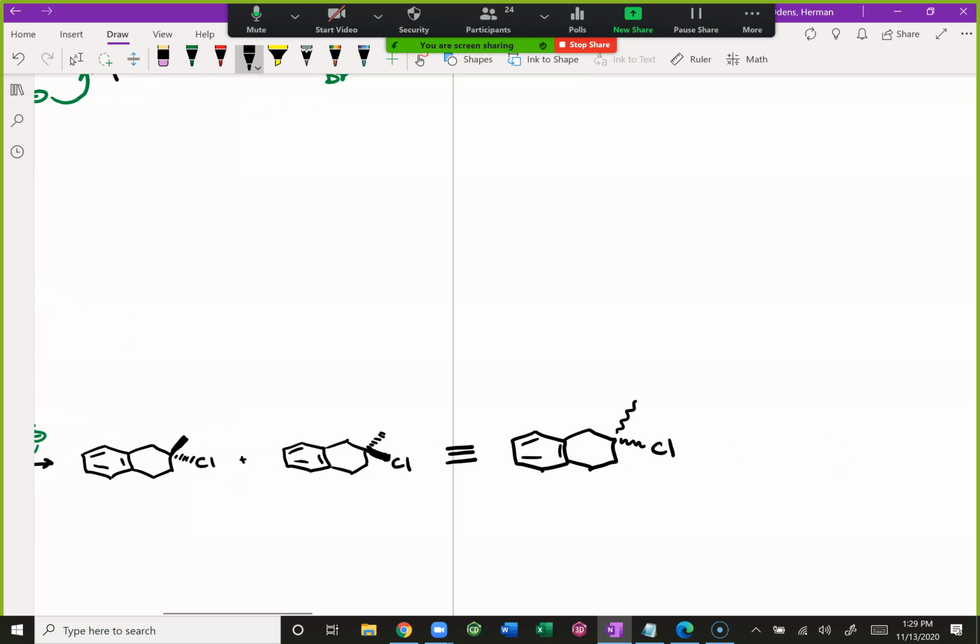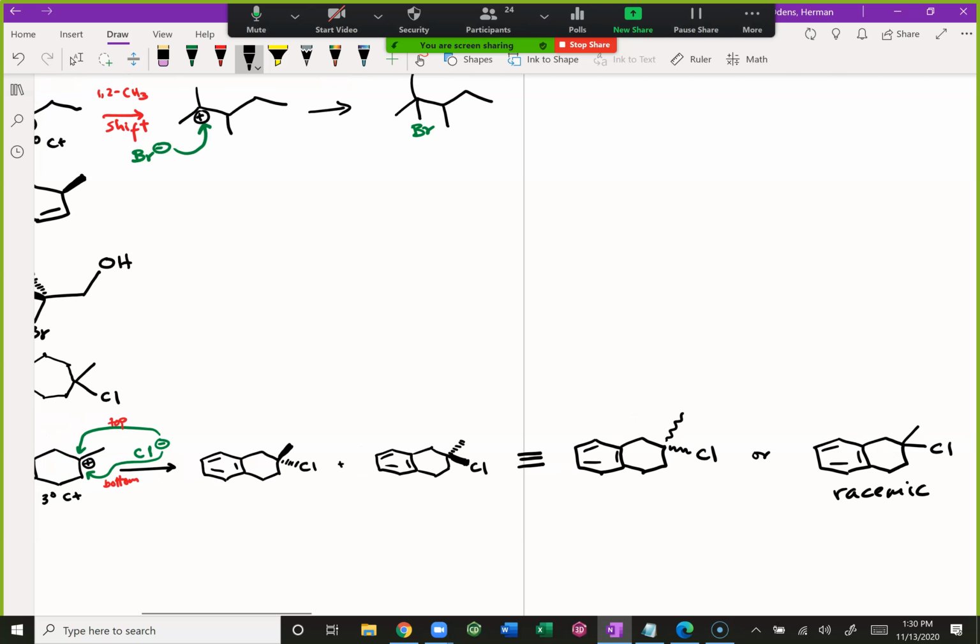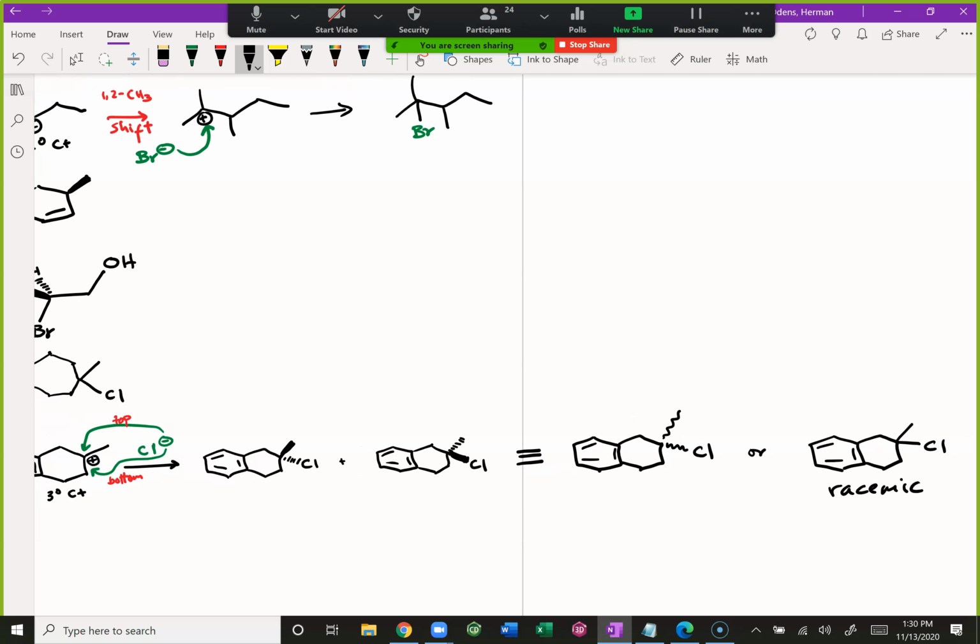You know they both change, or you can do this. If you do this also, it's perfect. And say the word racemic. Those are the ways you can draw this. Those are your 3 options.